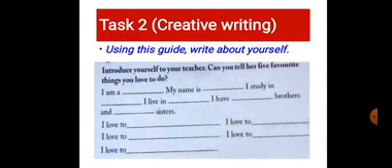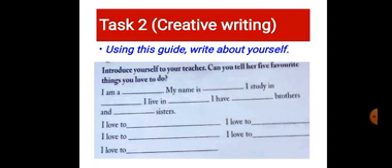Now, task 2 is a creative writing task. Using this guide that is under here, write about yourself. Introduce yourself to your teacher. Can you tell her 5 favorite things you love to do?